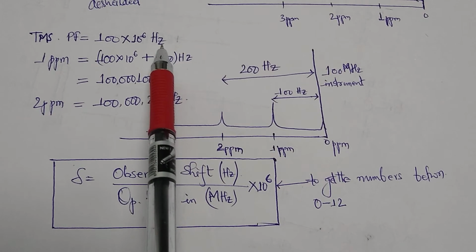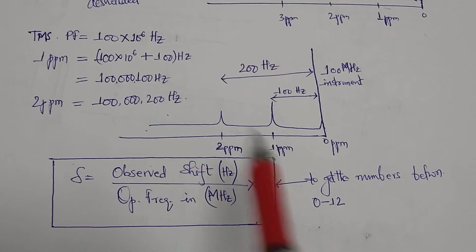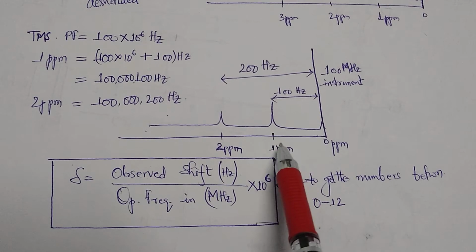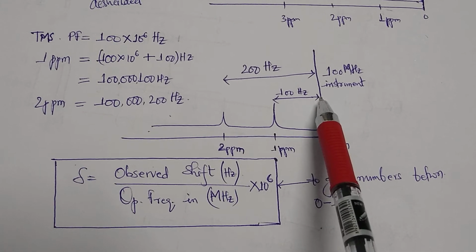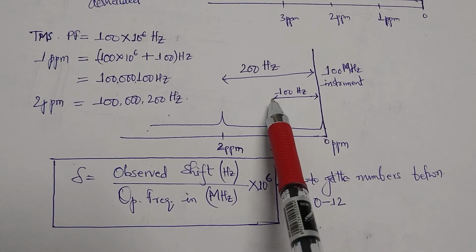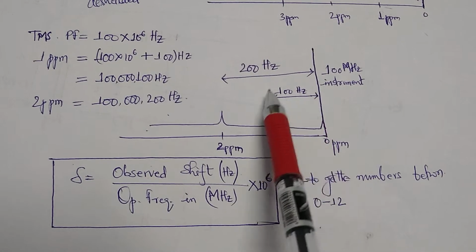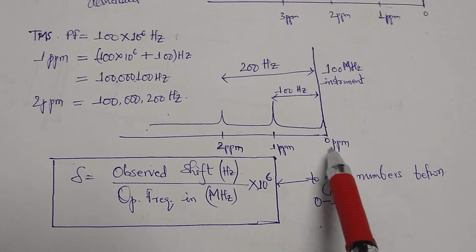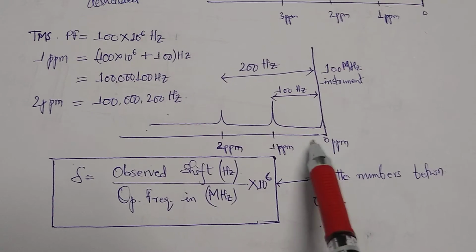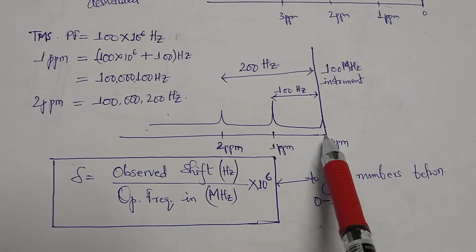And if at 1 ppm we are getting any signal, then that will be 100 Hz ahead of, or more than, 100 MHz. That is, we have set 0 ppm as a fixed reference standard.